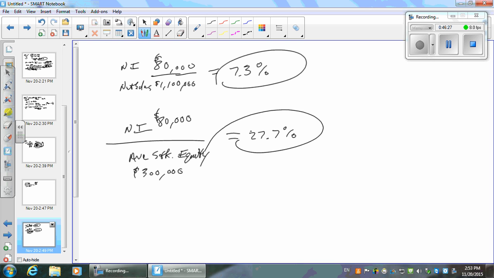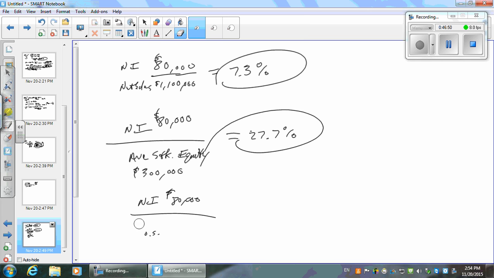Earnings per share? It's earnings divided by the number of shares, right? What's net income? 80,000. That's the earnings, right? How many shares do they have? Shares outstanding is 50,000.